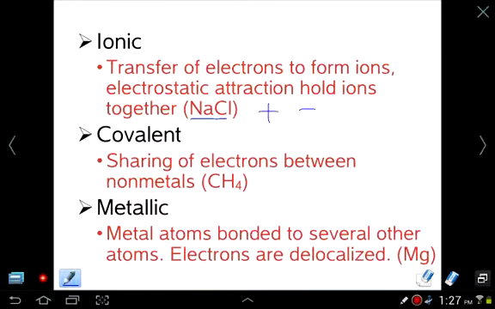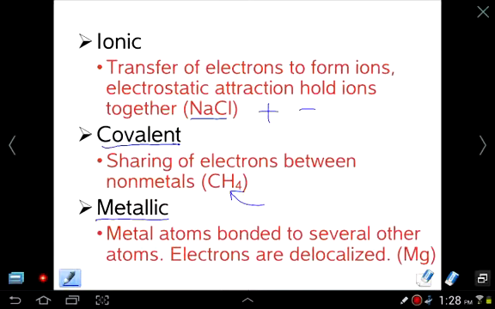In covalent bonding, we have sharing of electrons, and the sharing occurs usually between nonmetals. This is due to the fact that nonmetals require electrons to become like noble gases, so in both cases they will accept or share. And then finally we'll talk about metallic bonding, which really has a different view.